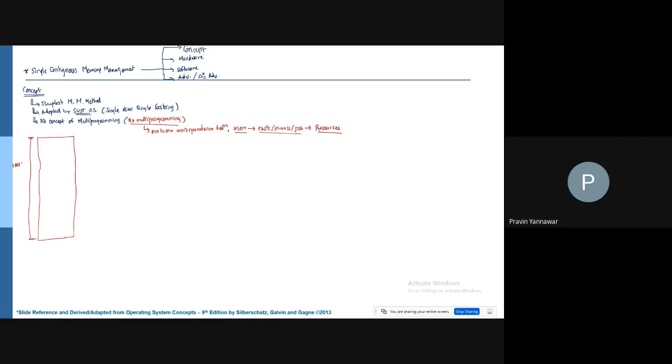For just simple calculation, this is 1000K. So here 1000K is the total memory size, right?